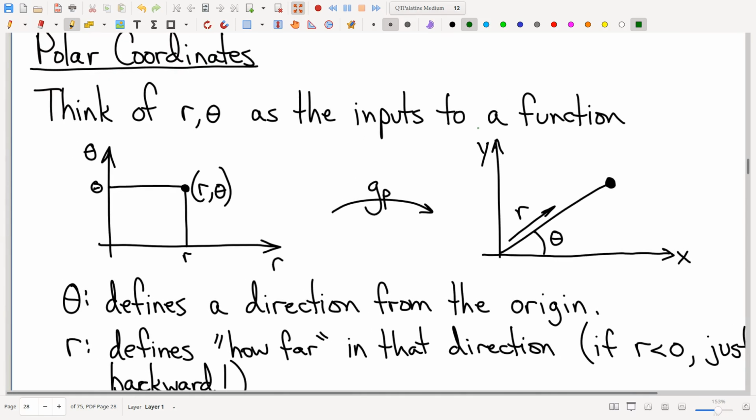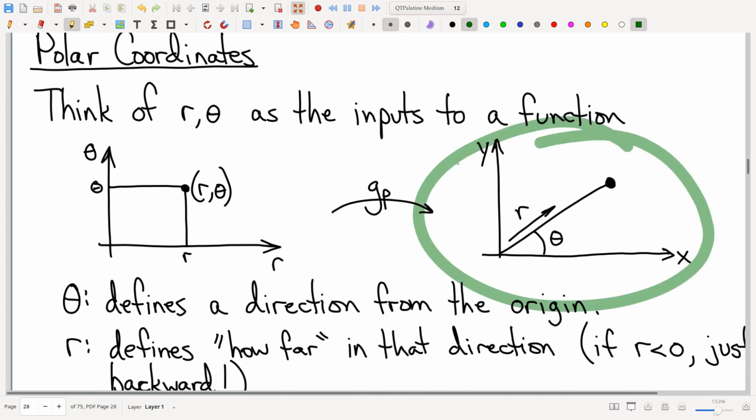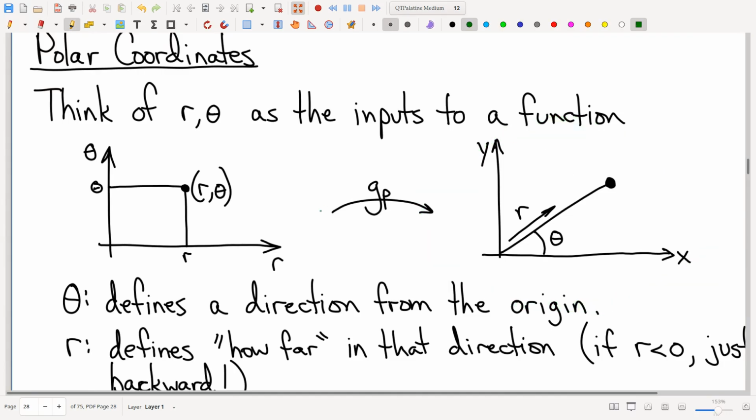Okay, so this is the way we typically think about polar coordinates, kind of geometrically. I want to plant a thought in your head that you can think of polar coordinates as a function, specifically that r and theta are the inputs to a function, and that x and y are the corresponding outputs.